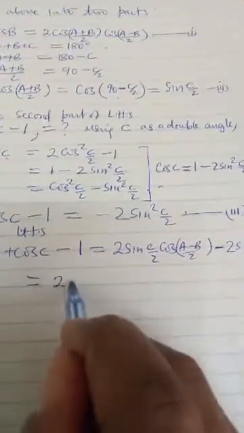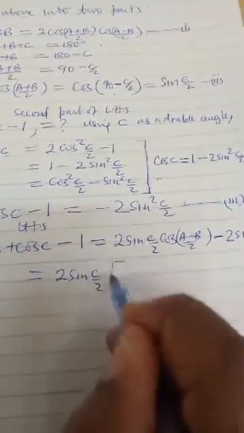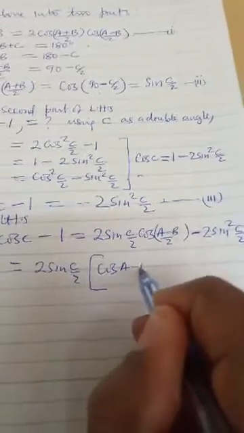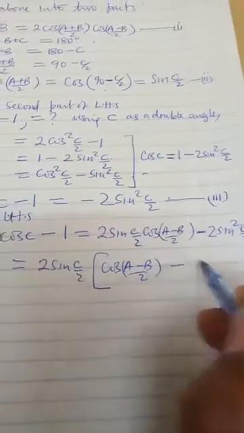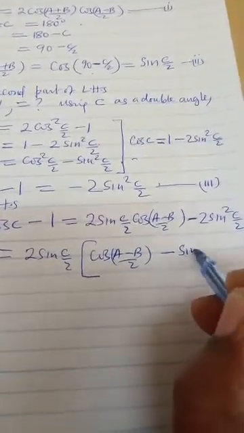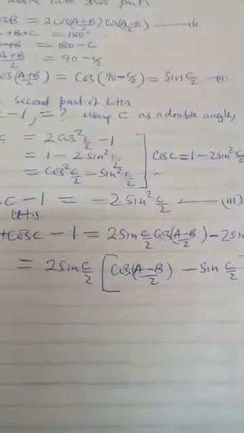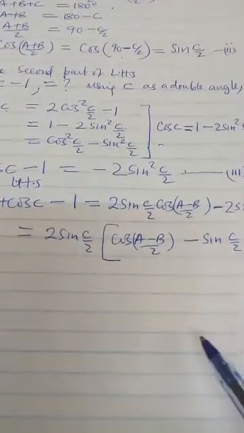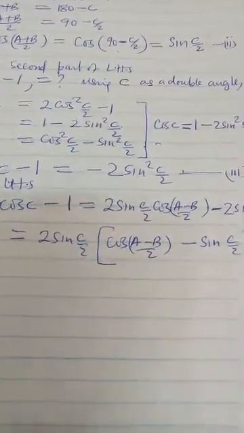At this stage, we can factorize our common factor, which is 2 the sine of C over 2. If we factorize it, we shall stay with the cos of A minus B over 2 minus the sine of C over 2. Now our task is to look for C over 2.